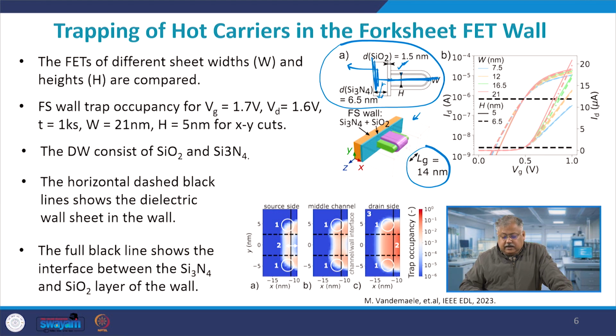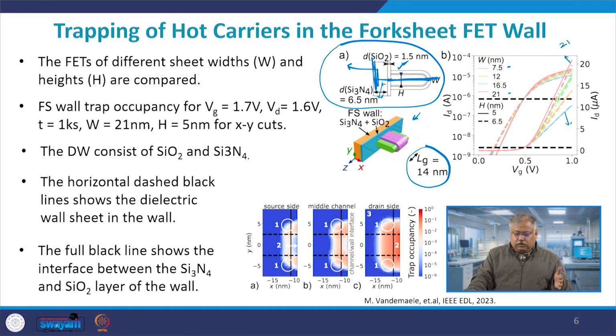And you can see here that as the dielectric wall thickness becomes larger and larger, let's take up these two influences, 21 and 7.5. This is 7.5 and this is 21, right? Which means that the higher the dielectric wall, the larger the drain current will be. However, its threshold voltage will also be larger.